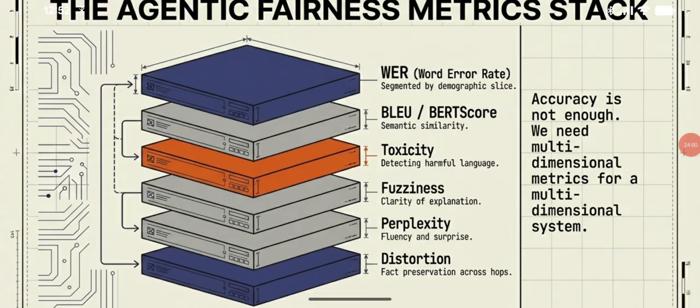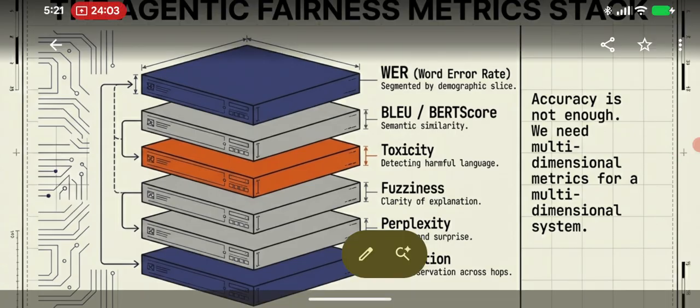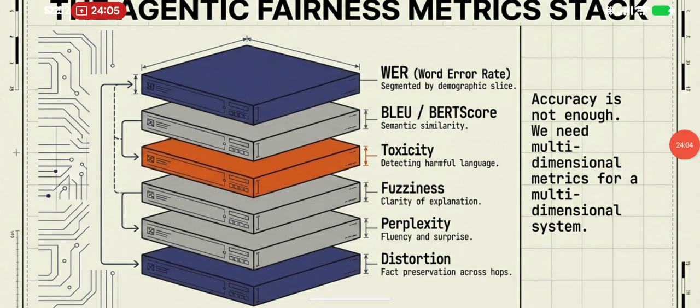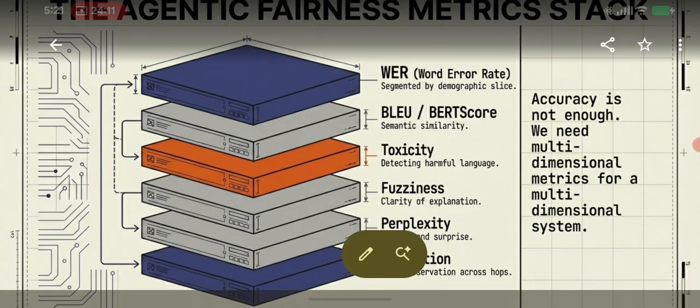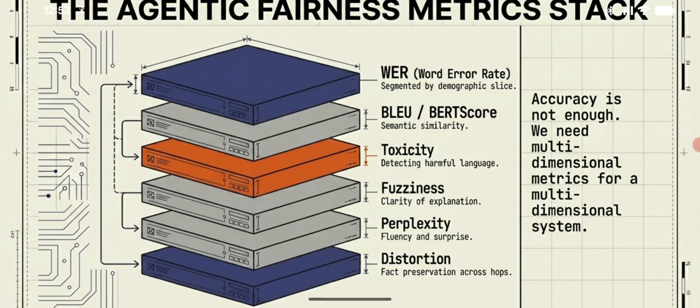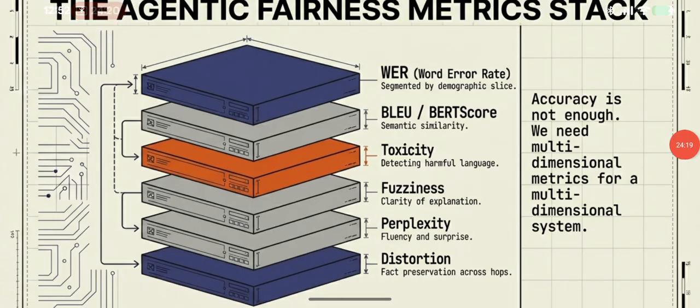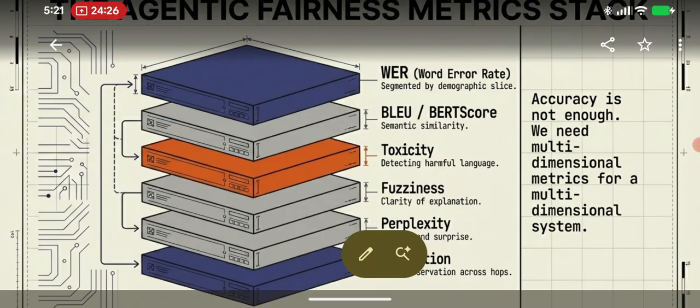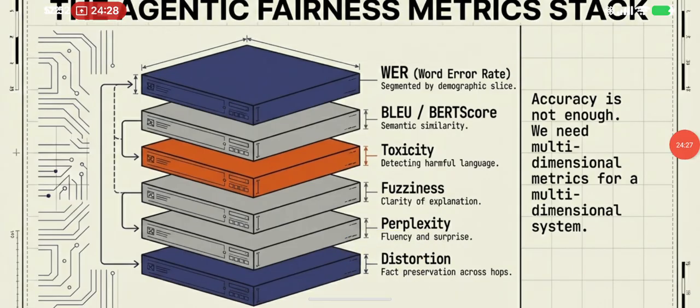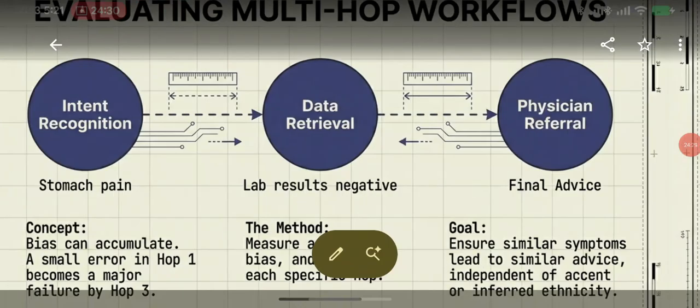Fuzziness is whether there is clarity in the response or not. Perplexity is whether there is any surprise, like even based on temperature and p-value settings, it may generate information instead of being more deterministic. Or is there any distortion of the information because of bias, historical, gender, or demographic bias? All such needs to be evaluated to make sure the accuracy of the output is correct.